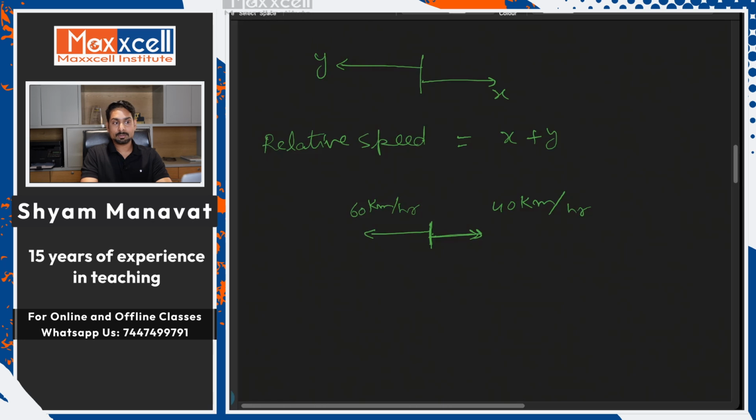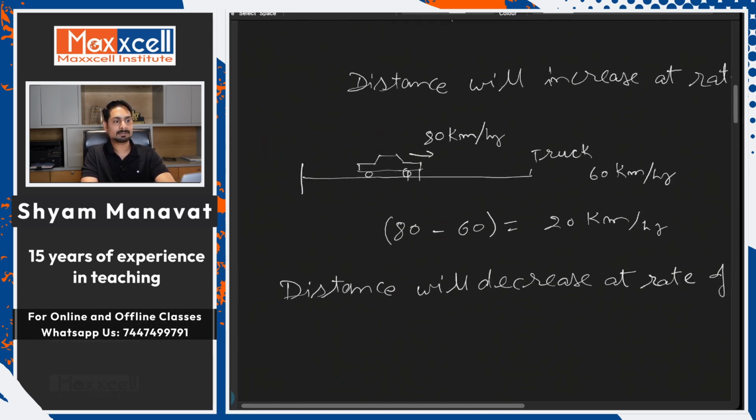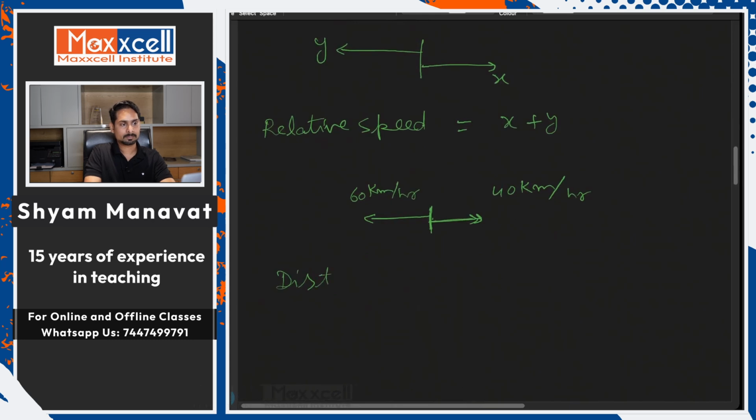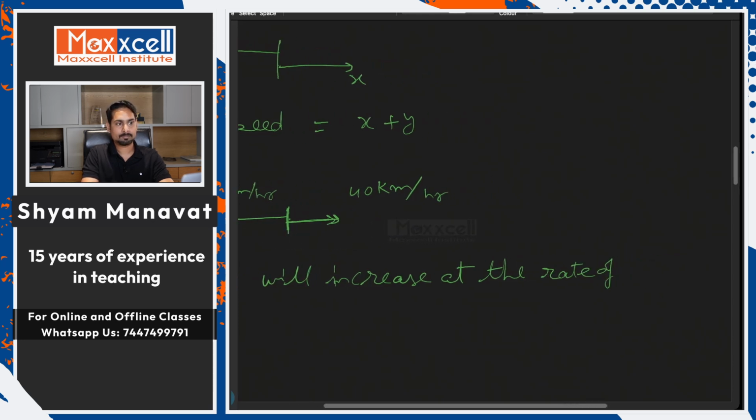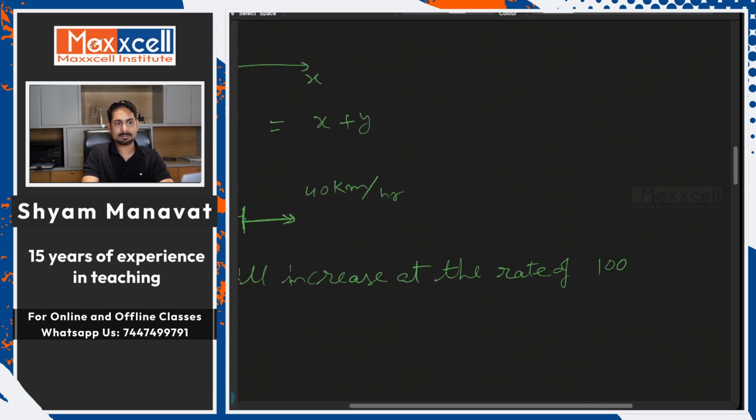In this case, you and your friend are moving away from each other, that means the distance between you and your friend will increase at the rate of 40 plus 60, 100 kilometers per hour.